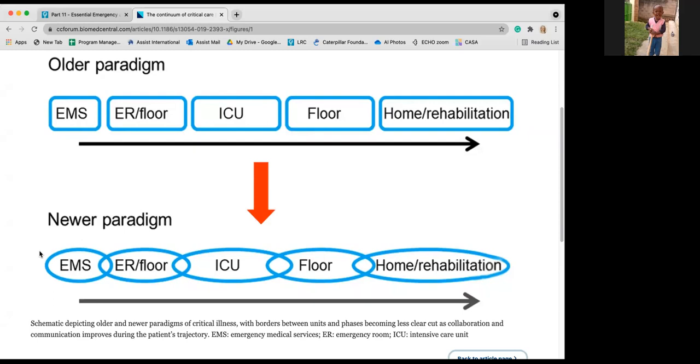So nowadays, the new one is saying it starts from emergencies, emergency room, ICU, where if the patient is recovering from ICU, it can go on ward, then later on, it can go on home and rehabilitation.